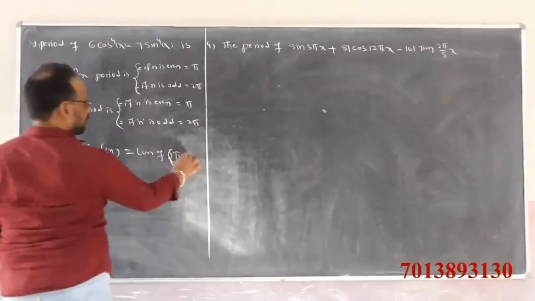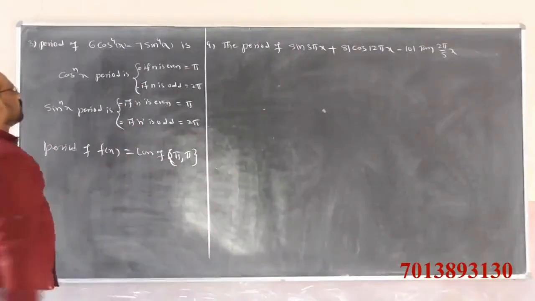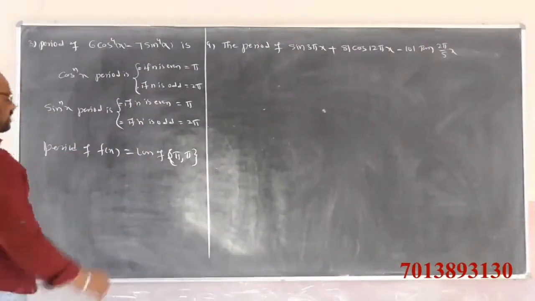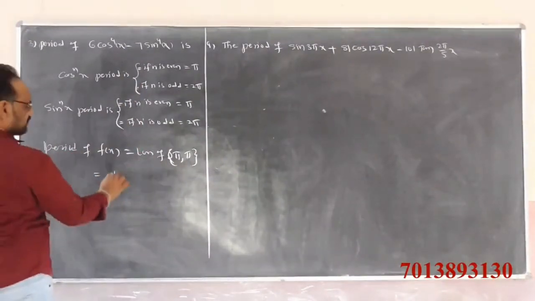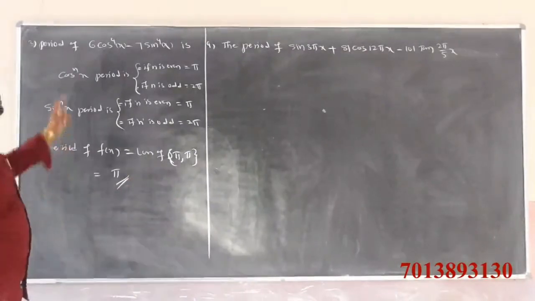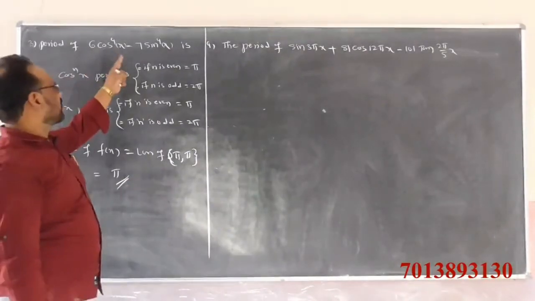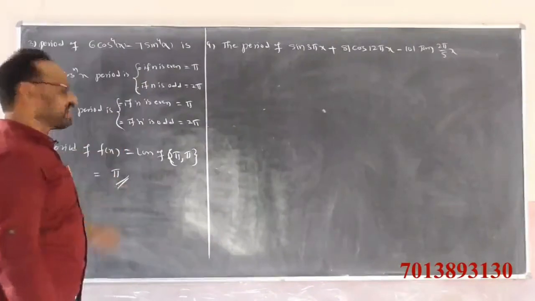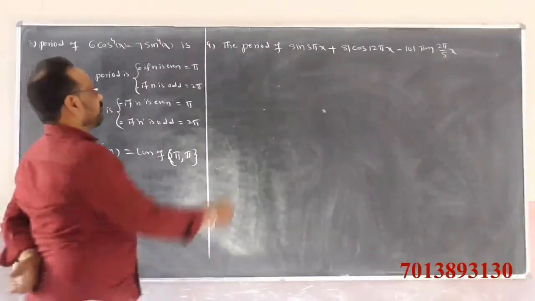So LCM of pi comma pi is clearly pi. So the period of 6 cos power 4x minus 7 sin power 4x is pi. Next, the fourth one.